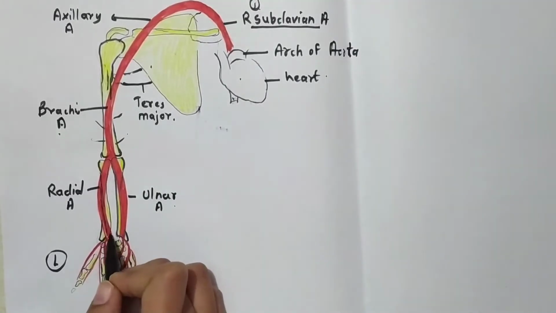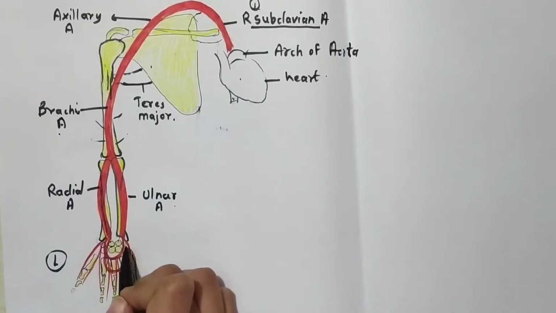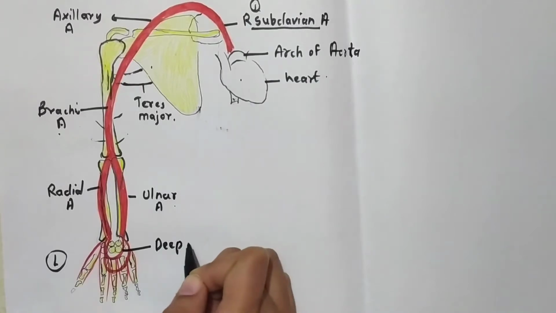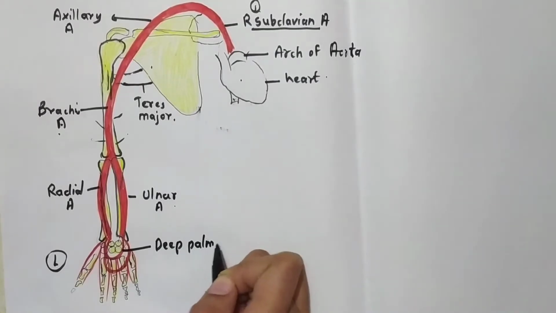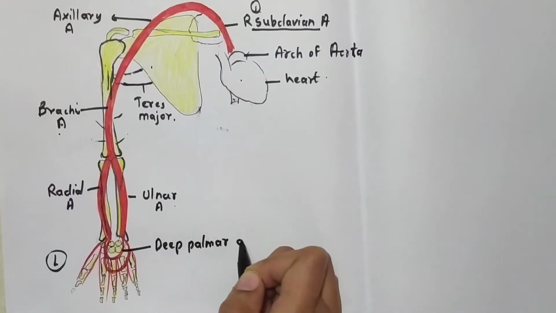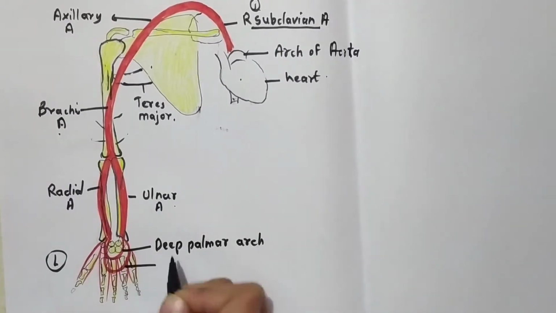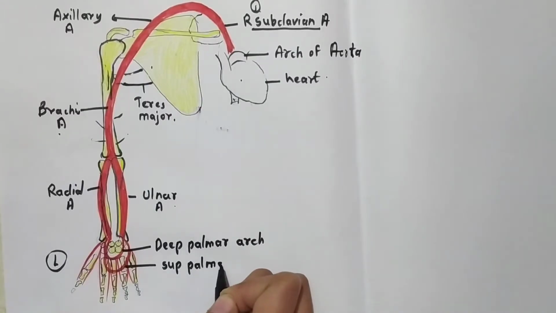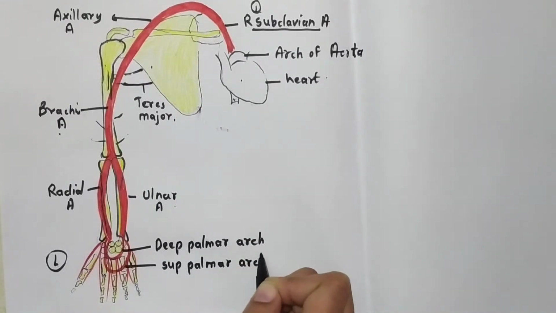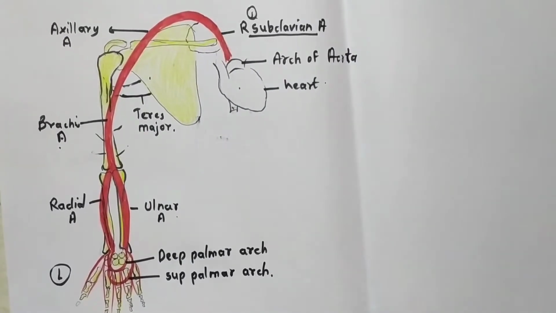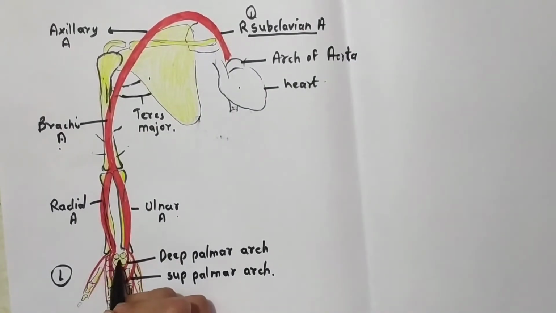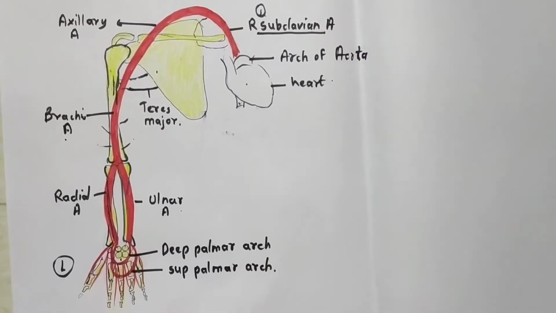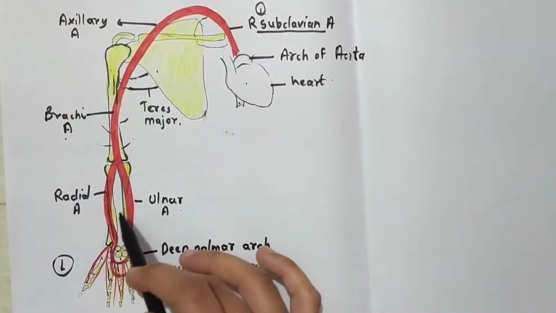And then this radial and ulnar artery combine to form two anastomoses, that is deep palmar arch and superficial palmar arch. So this supplies the structures of hand muscles and muscles of fingers also. So this is all about the blood supply of whole upper limb.